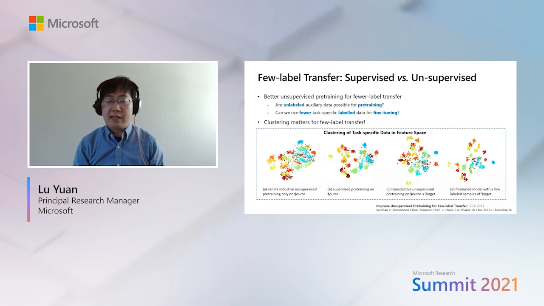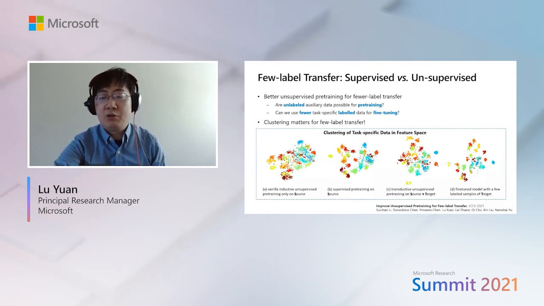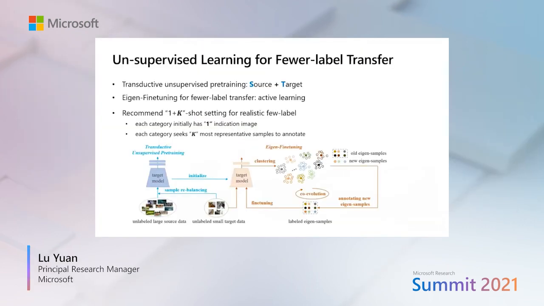Our recent study shows improving unsupervised learning in a transductive way can lead to better few-label transfer, which is critical to generalization. We modify the pre-training and fine-tuning workflow. In unsupervised pre-training, we mix small portions of unlabeled target data with massive unlabeled source data.